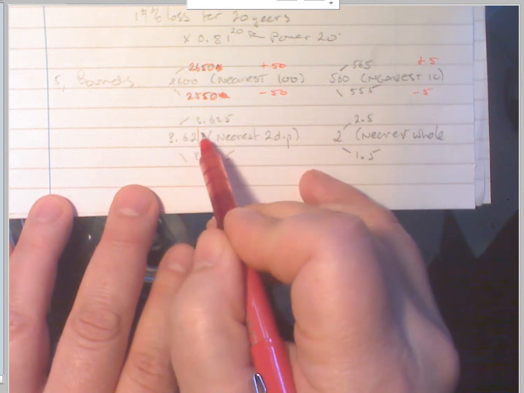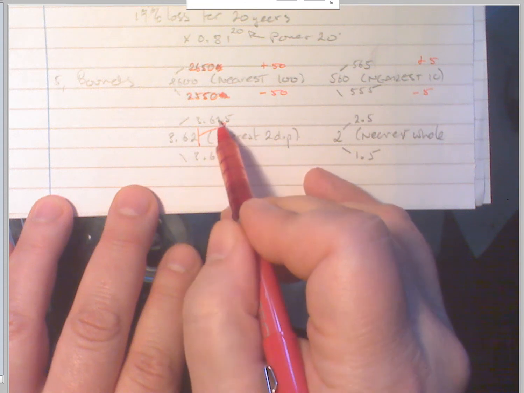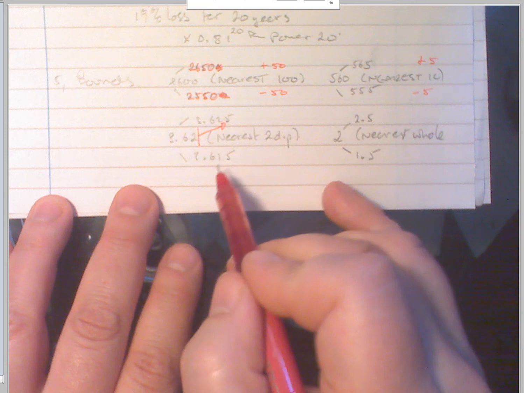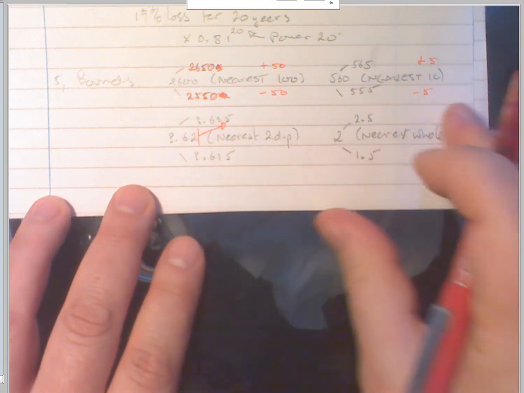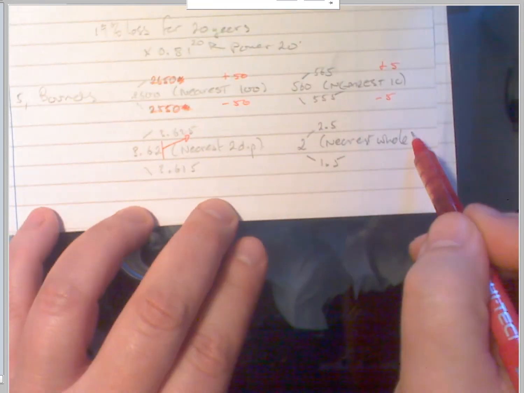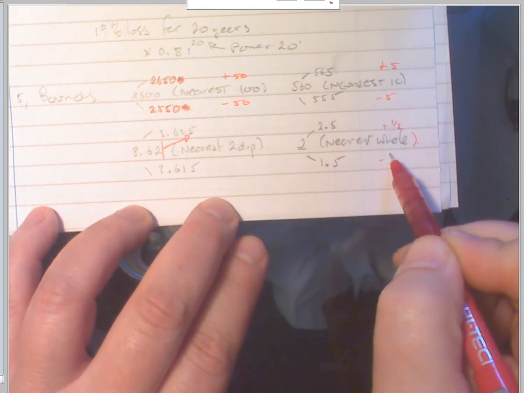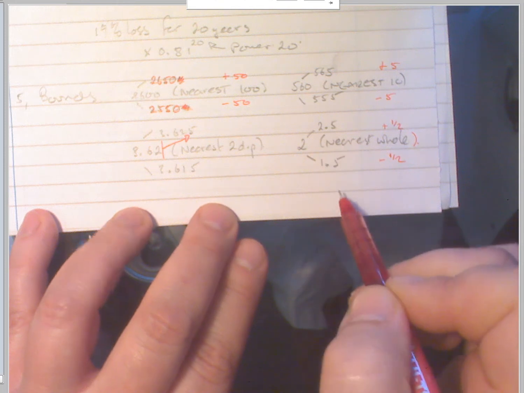And so what I've done is just chuck a 5 at the top here. And then I've made it symmetrical by, if that's 3.625, then this is 3.615, okay? And here to the nearest whole number, well, half a whole is a half, so I've done plus a half, minus a half. So 2 would be 2.5 and 1.5.